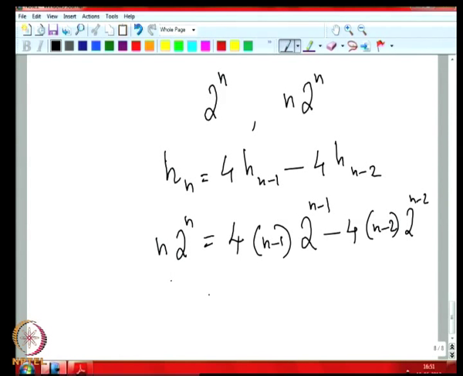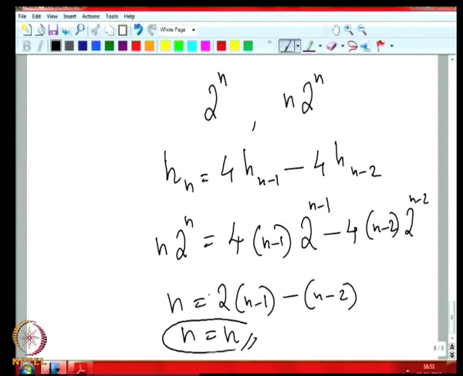So, we can cancel 2 raised to n. So, this n equals 2 into n minus 1 minus n minus 2, so that is n equal to n, since minus 2 plus 2 cancels. This is true.